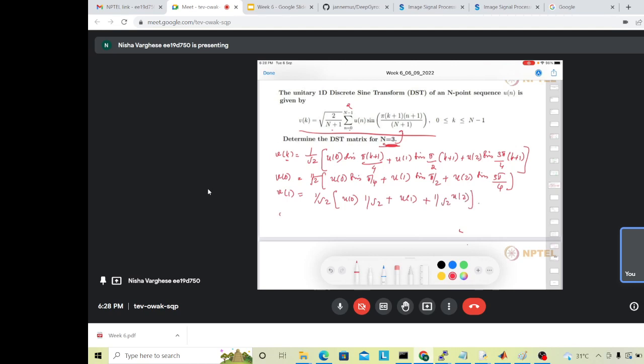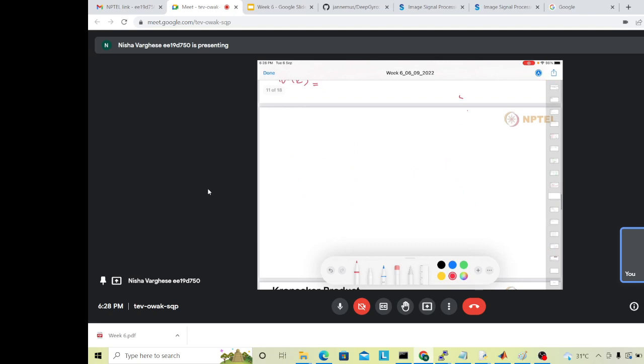Similarly, V of 2 we will get, so I will write in the next page. V of 0 is 1 by 2 U of 0, 1 by root 2 U of 1 plus 1 by 2 U of 2.